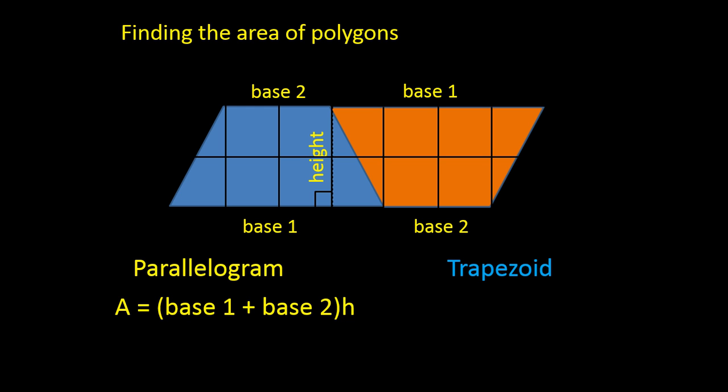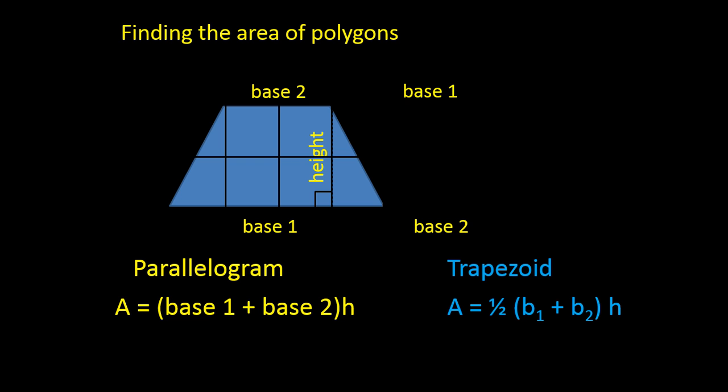And the blue trapezoid is half of this picture. So the area of a trapezoid is 1/2 times the sum of the bases times the height. And in this case, the two bases measure 4 units and 2 units, and the height is 2 units. So the area of this trapezoid is 6 square units.